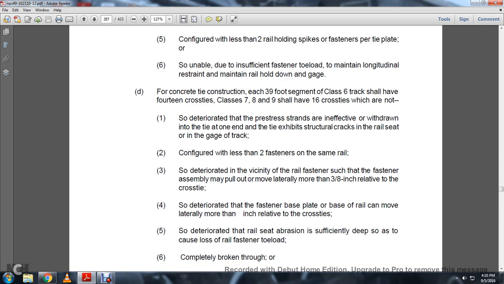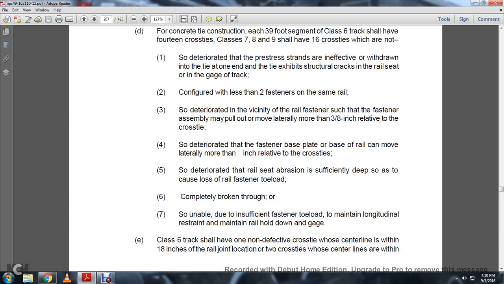So deteriorated that the fastener base plate or base of the rail can move laterally more than 3/8 of an inch relative to the cross tie; 5. So deteriorated that rail seat abrasion is sufficiently deep to cause loss of rail fastener toe load; 6. Completely broken through; or 7. Unable to maintain fastener toe load, maintain longitudinal restraint, and maintain the rail hold down engaged.